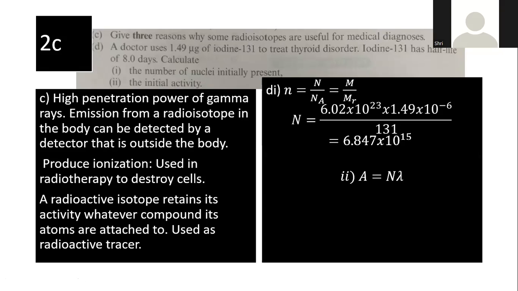You didn't put in effort. Activity is N lambda. We calculate the N. Next, calculate your lambda. Lambda is ln 2 over half-life. Half-life is given as 8 days; times 24 to change to hours, and times 3,600 to change to seconds.